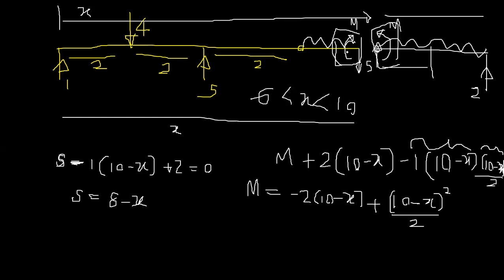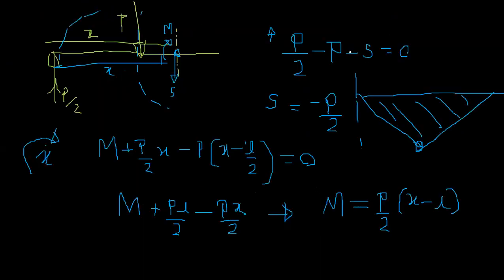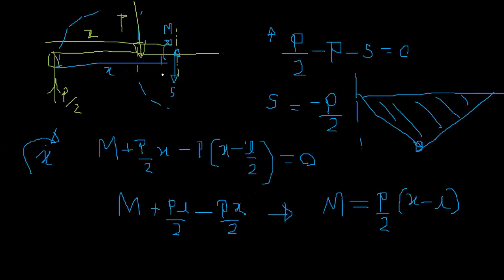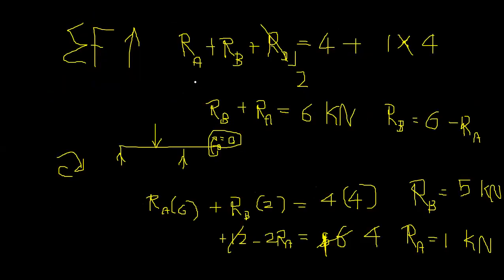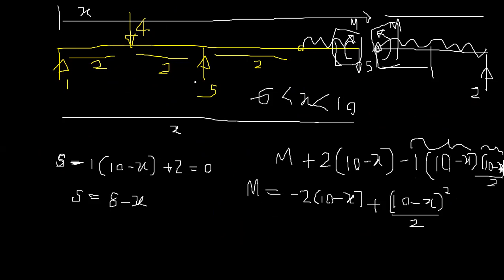So first thing, did you remember this one? If you consider the clockwise, we took hogging moments positive. You remember hogging: for the right end, that is clockwise, and for the left end, anti-clockwise.